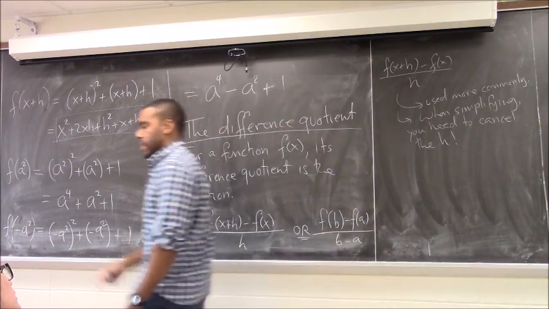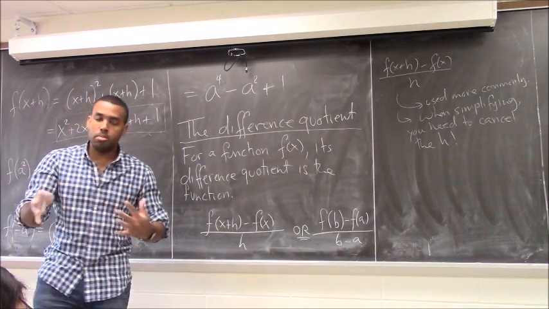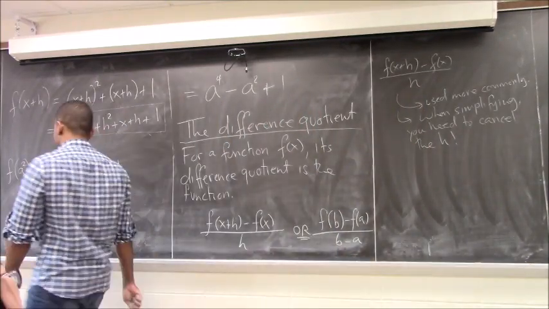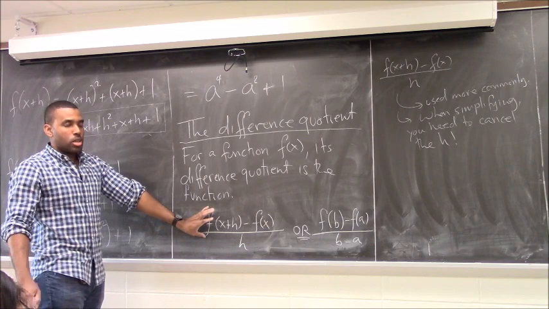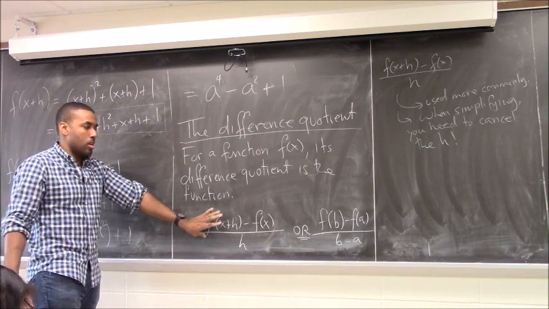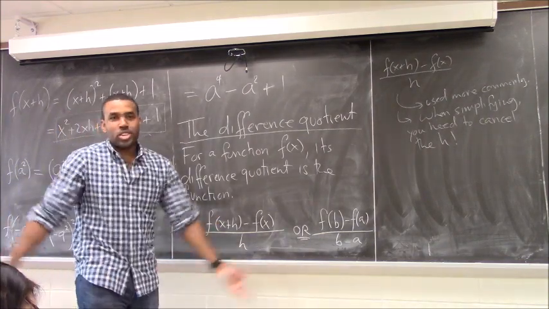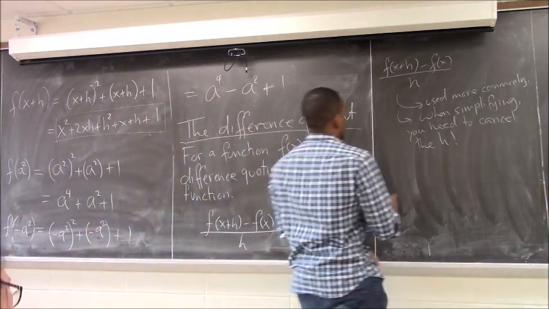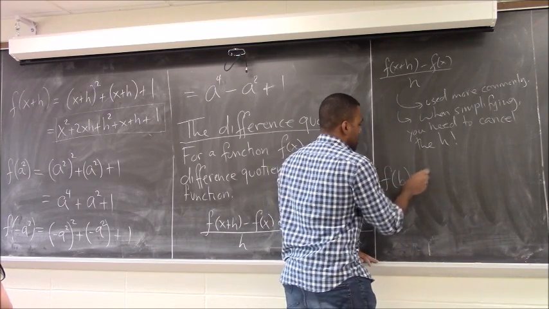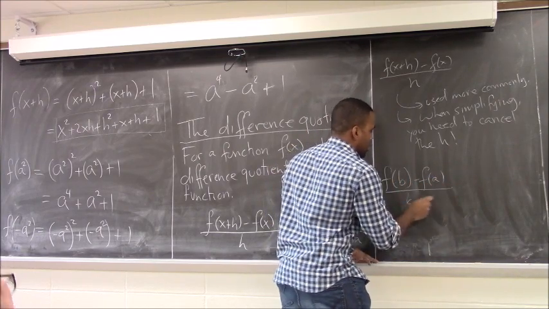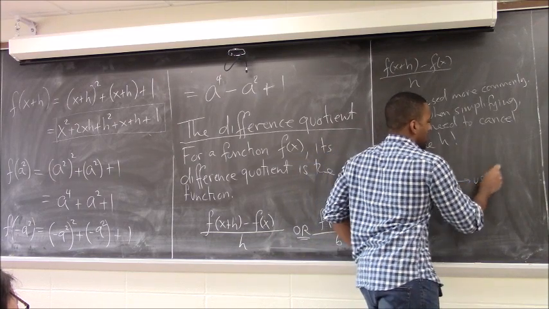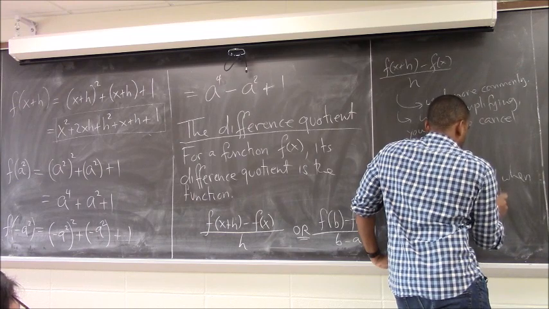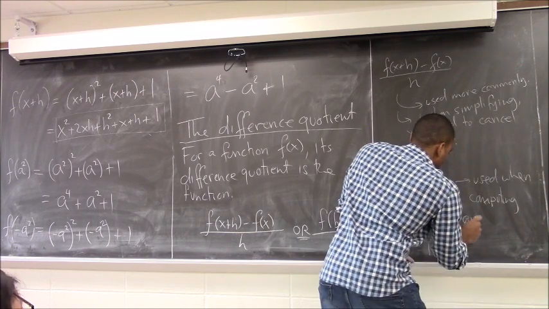So if I give you, hey, find the difference quotient and simplify it, it is not considered simplified unless you cancel that h in the denominator. And when we talk about where this function comes from, you'll realize why you want to cancel the h in the denominator. Spoiler alert, at some point we're going to want to plug in h equals 0, and you can't divide by 0. Okay. This guy here is used when computing what we call the average rate of change.